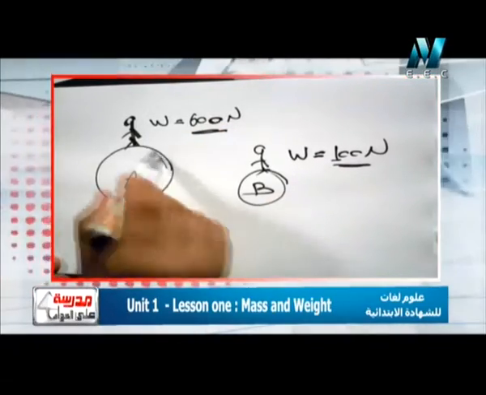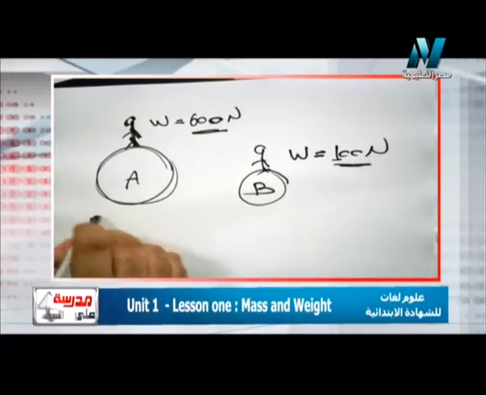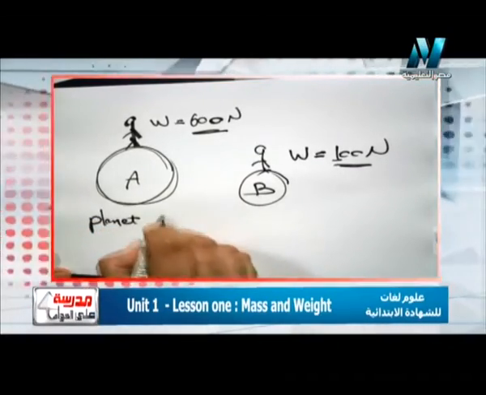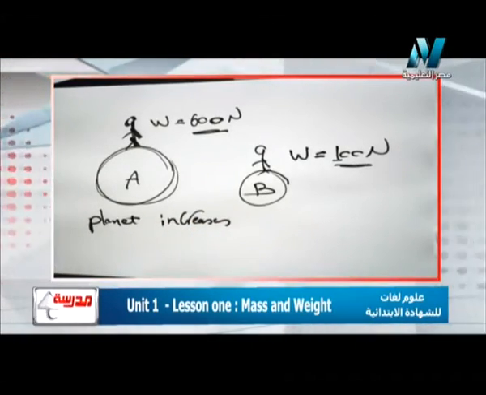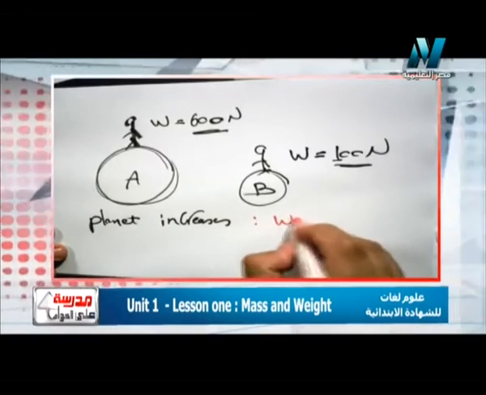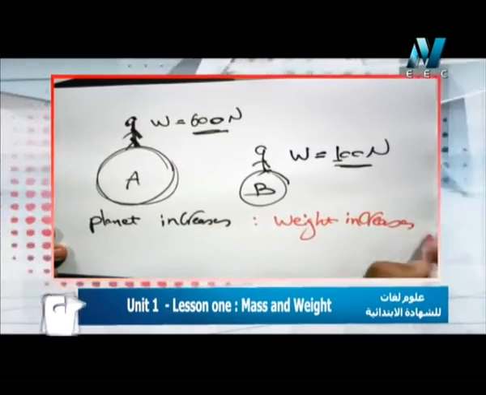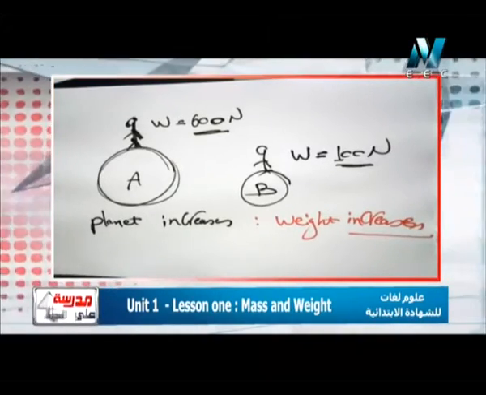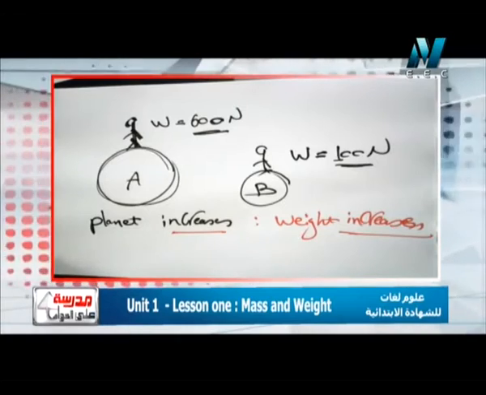Because here the planet size increases. So when the planet size increases, what happened to weight? I think we can write that weight increases. يبقى العلاقة بين حجم الكوكب والويت برضو directly proportional أو علاقة طردية.